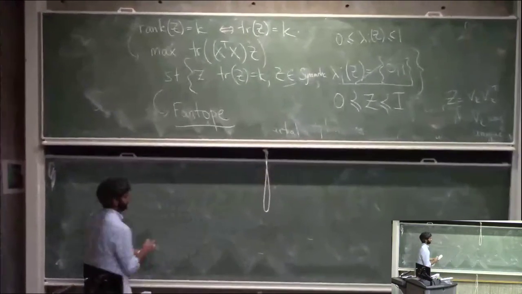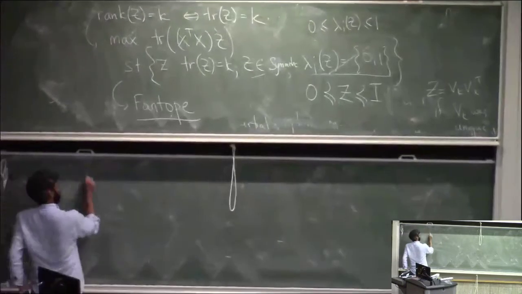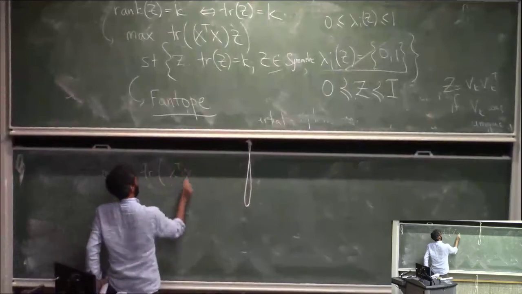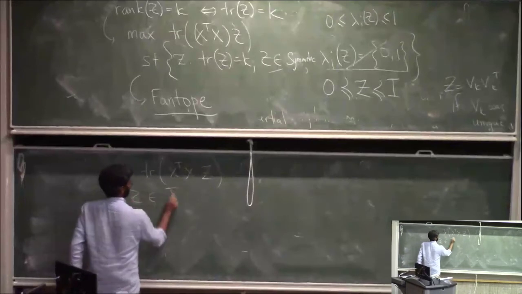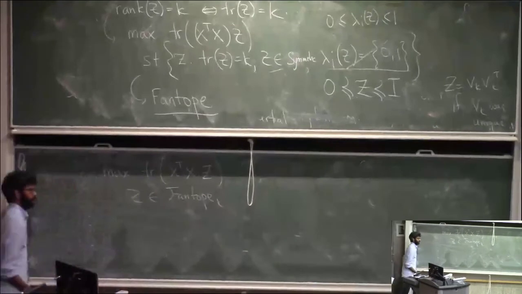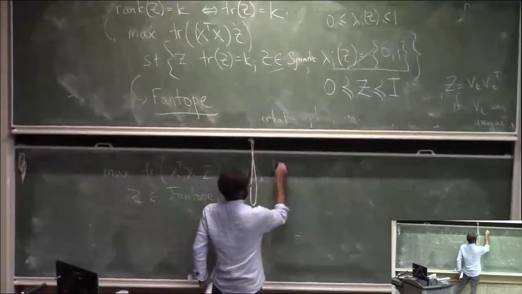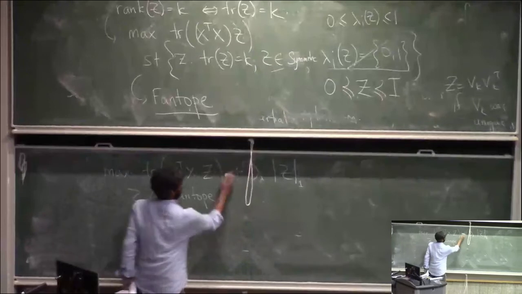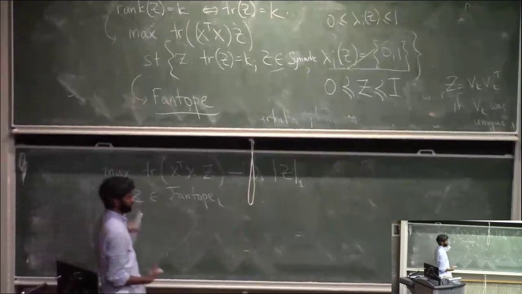The traditional sparse PCA problem turns out to be: maximize the trace of X transpose X times Z, where Z is in the Fantope with some parameter k, and I regularize it by adding something like lambda times the L1 norm of Z. So this turns out to be an interesting relaxation of sparse PCA.